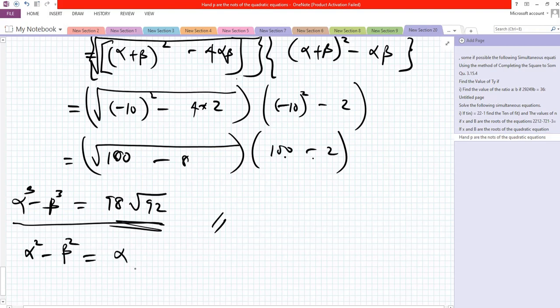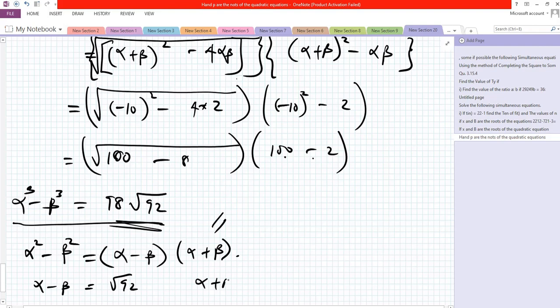This is something the same: alpha minus beta times alpha plus beta. Now we have alpha minus beta to be equal to the square root of 92, and we have alpha plus beta to be equal to minus 10.